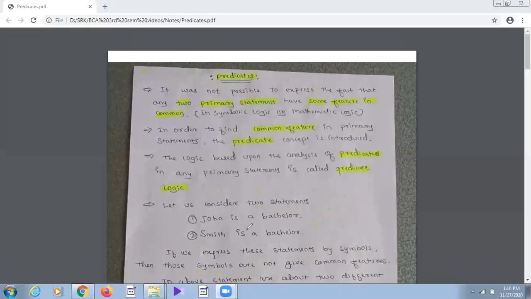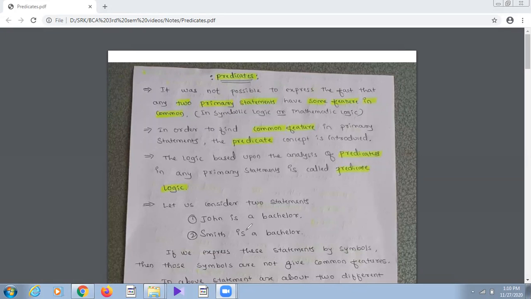There is no concept to identify the common features between the primary statements. That's why the predicates concept is here, to identify the common features.